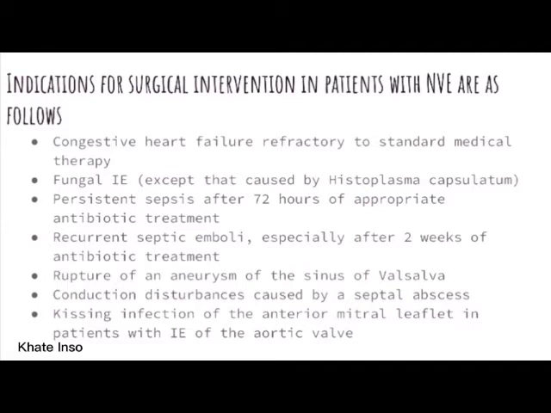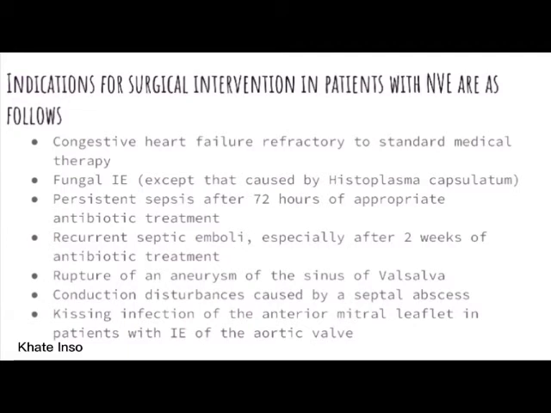They are as follows: first is congestive heart failure refractory to standard medical therapy, also fungal infective endocarditis except that caused by Histoplasma capsulatum, also persistent sepsis after 72 hours of appropriate antibiotic therapy, and also recurrent septic emboli, especially after 2 weeks of antibiotic therapy, and also rupture of aneurysm of the sinus of Valsalva.